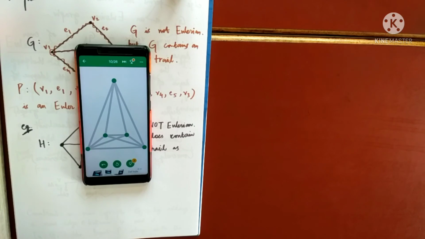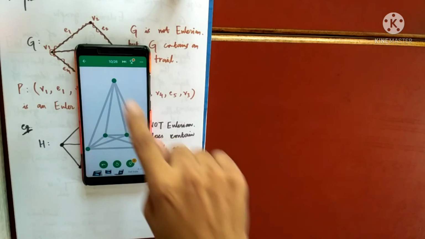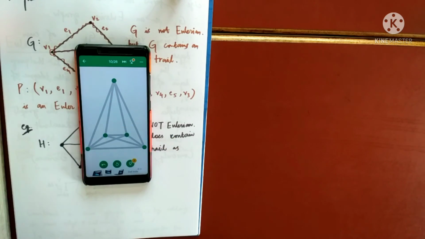It contains an Euler circuit if the degree of all the vertices is even, and it contains an Euler trail if the degree of exactly two vertices is odd.